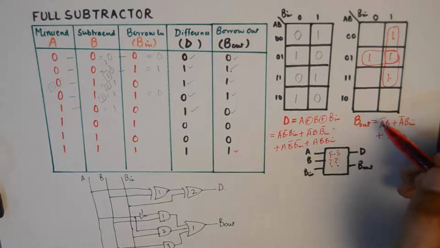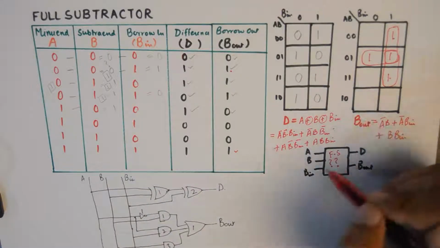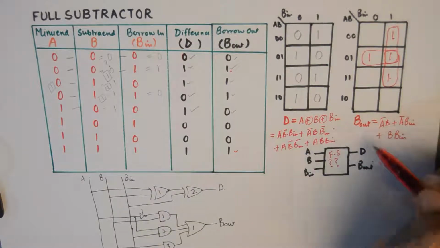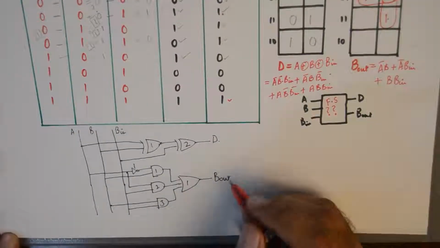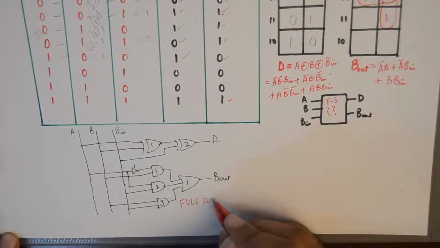Then truth tables will help us fill up the K maps, and from K maps we'll derive the expressions for difference and borrow out. The expressions for difference and borrow out will help us make the full subtractor circuit.